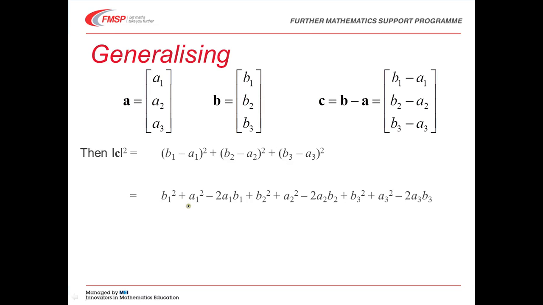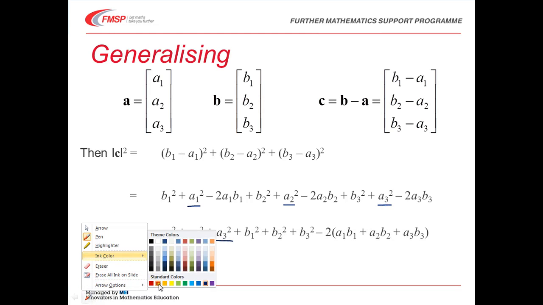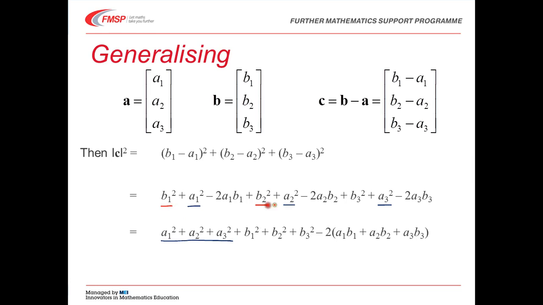So A1 squared, A2 squared, and A3 squared, that's what I've got here. And then B1 squared, B2 squared, and B3 squared is there.